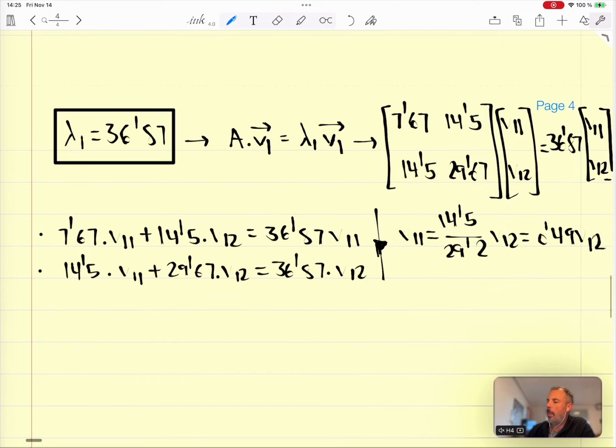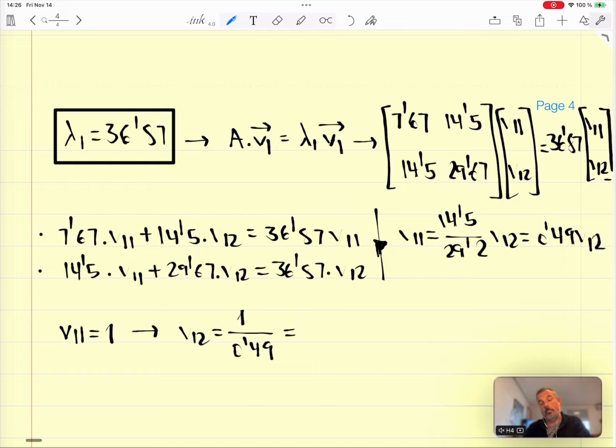Okay. If we make, and this is an important step, we always make the first element 1. If we make the first element 1, then the second element is 1 divided by 0.49, which is going to be around 2.